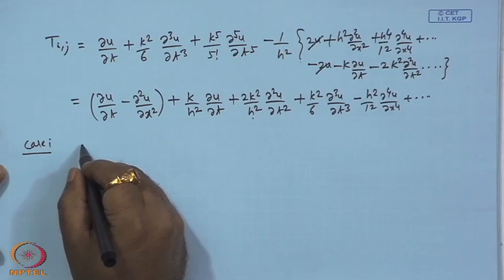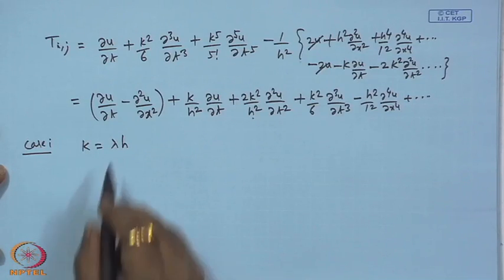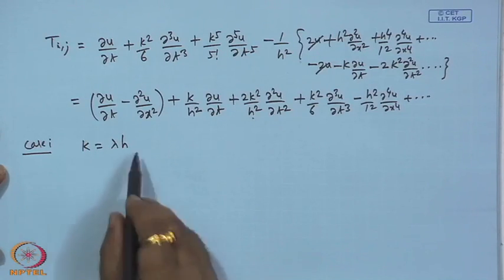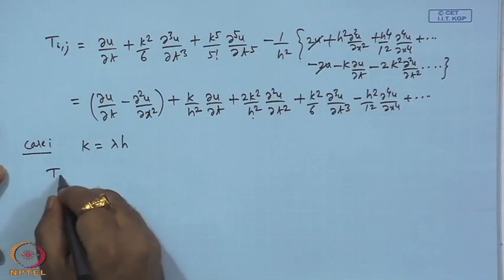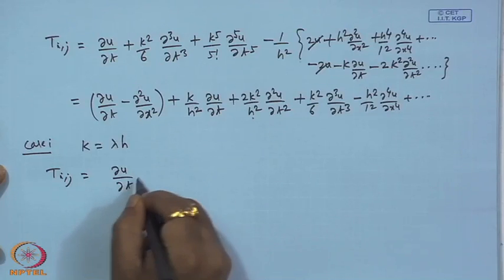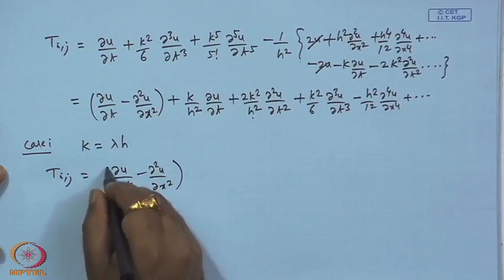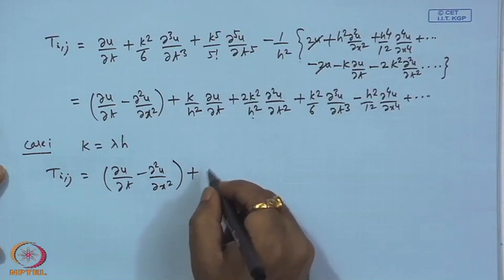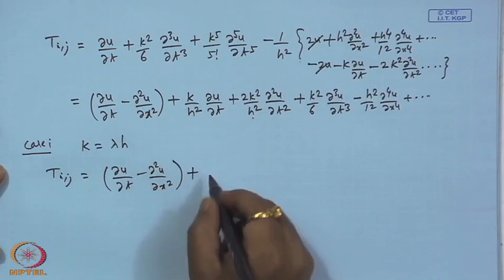Suppose k is lambda h. So, lambda is our grid parameter, say k is lambda h. So, then T i j reduces to plus, k is lambda h.